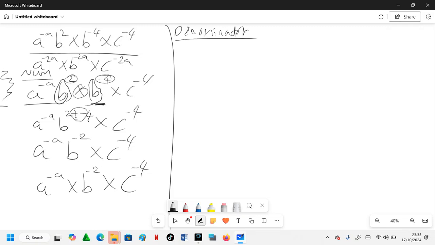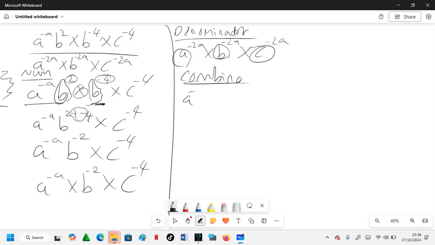The denominator is a power negative 2a times b power negative 2a times c power negative 2a, and all the bases are different. There's nothing you can do about that, right? So we just combine them so that we finish the simplification.